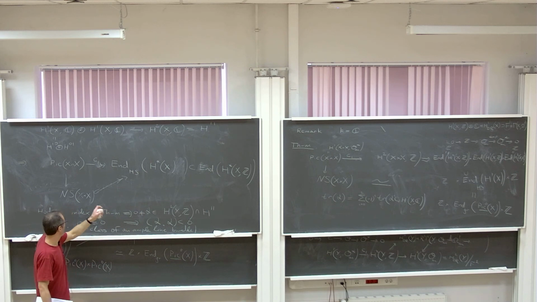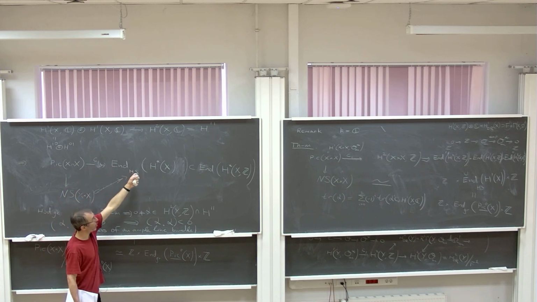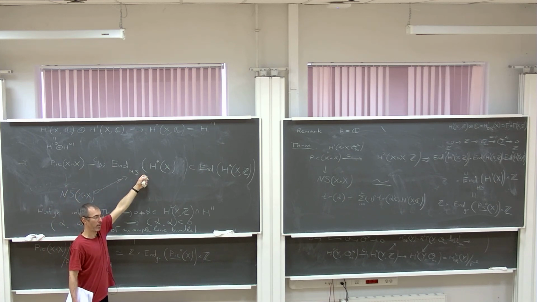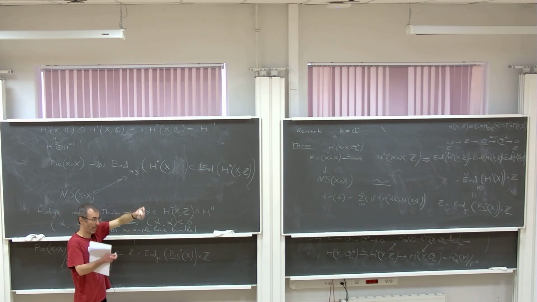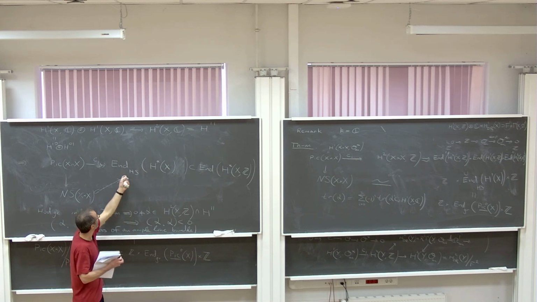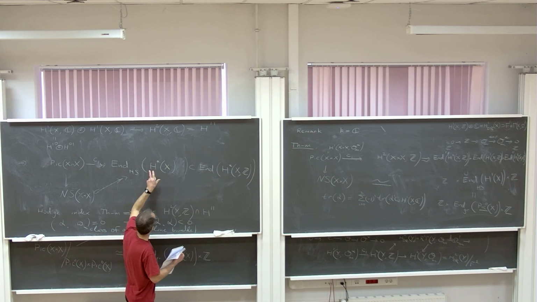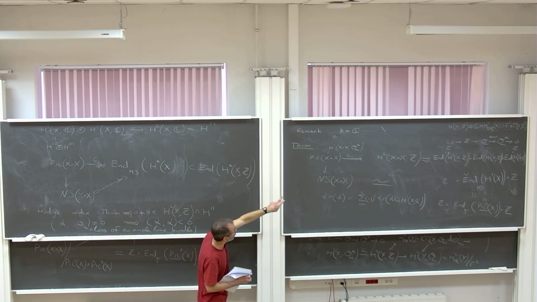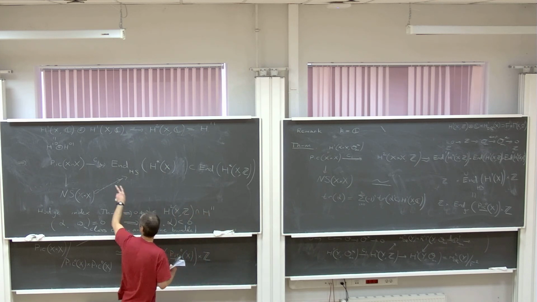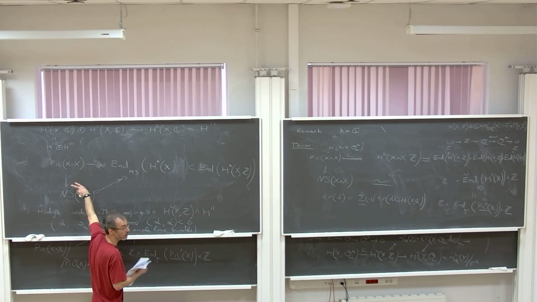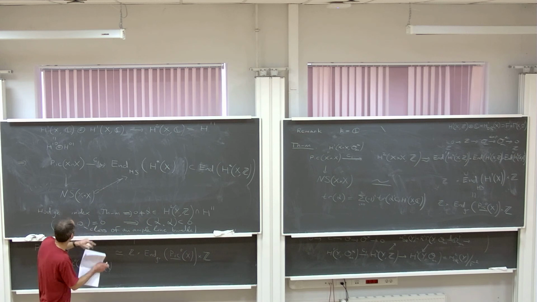So if you know that an element here goes to zero under this Chern class map, in particular its intersection with any class in H2 is 0, and in particular it means that its intersection with any divisor is 0. So this means that it's an isomorphism. Okay?